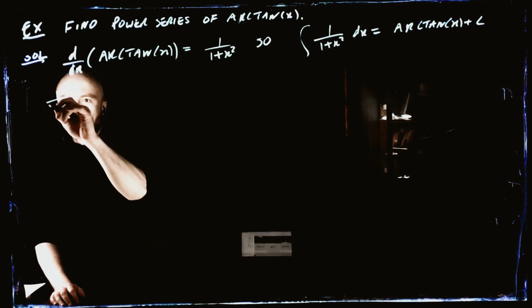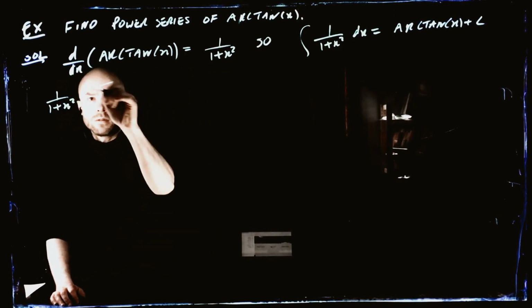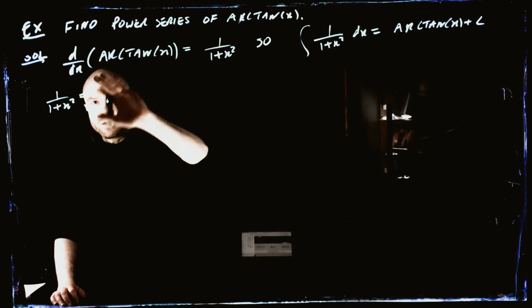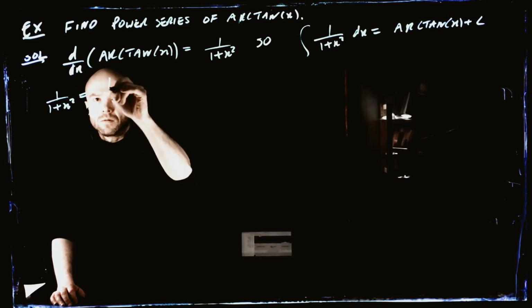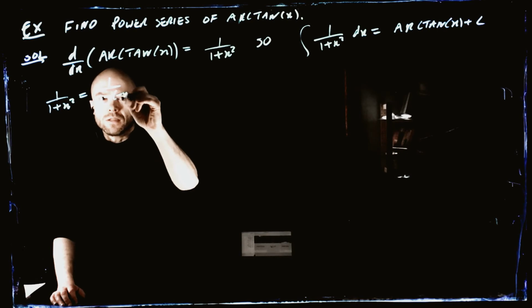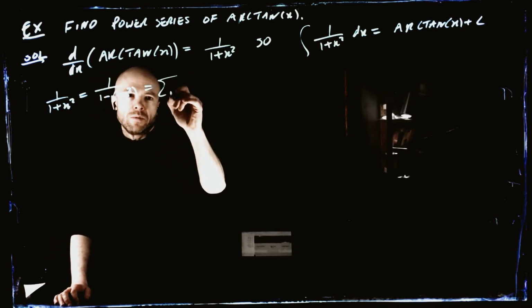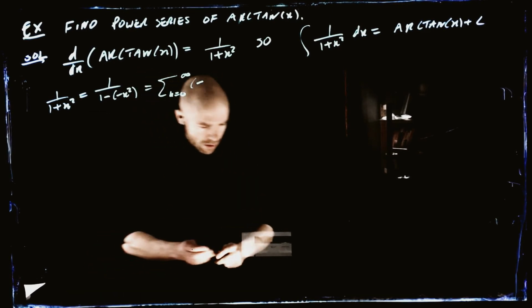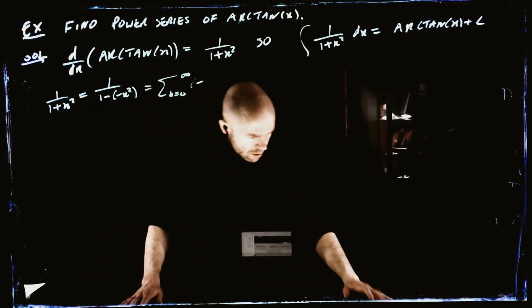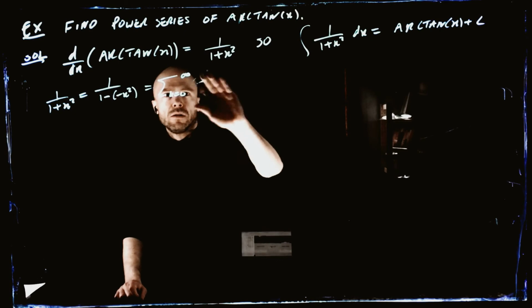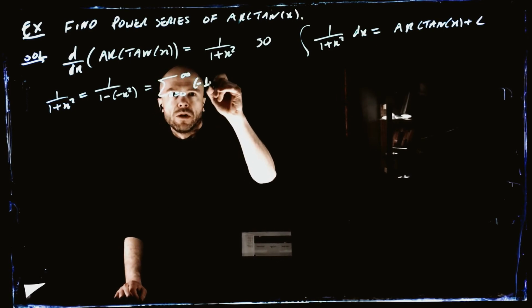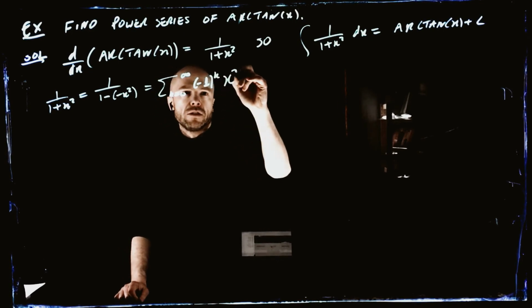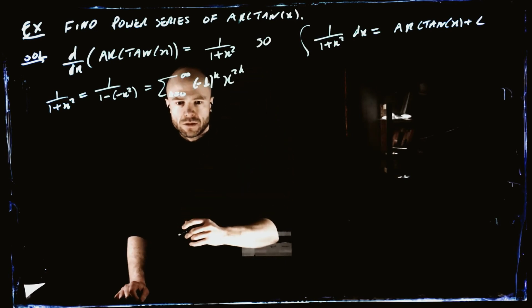And then 1 over 1 plus x squared, slowly, is 1 over 1 minus x squared. It's the sum, k is equal to 0 to infinity, minus 1 to the k, x to the 2k, like this. Yeah?